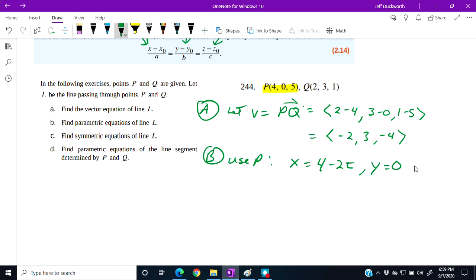Y is going to equal 0 plus 3t. And z will equal 5 minus 4t.